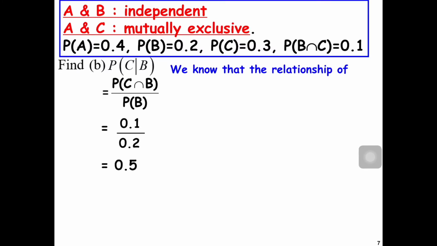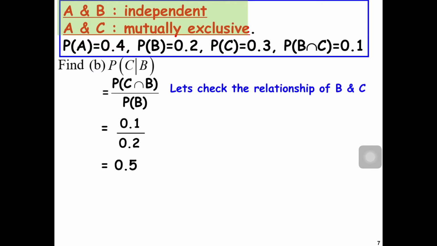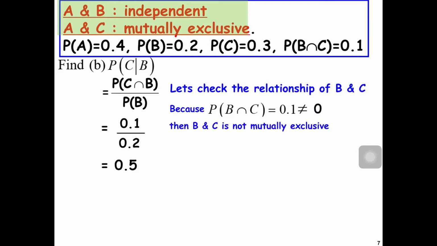We know the relationship of A and B is independent and A and C are mutually exclusive. So let's check the relationship of B and C. Because we know that probability B intersect C equals 0.1, that is not equal to 0.